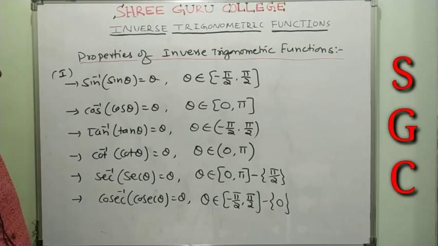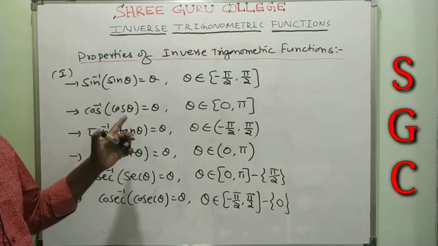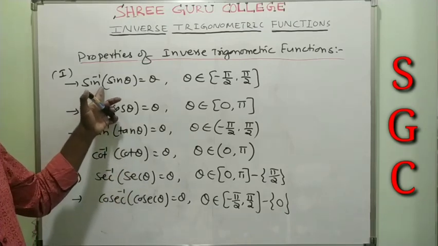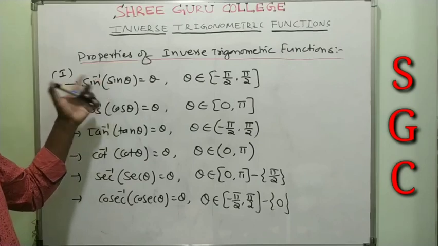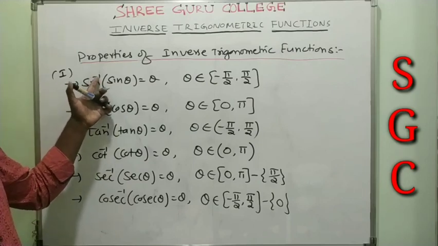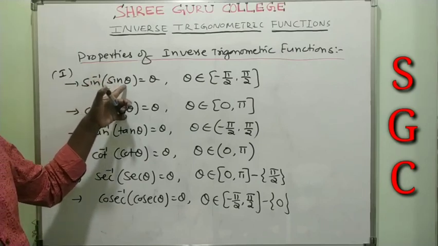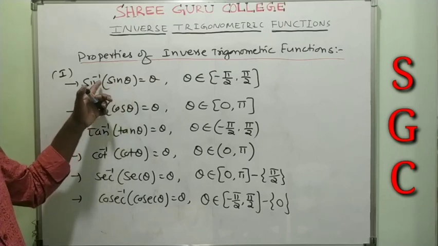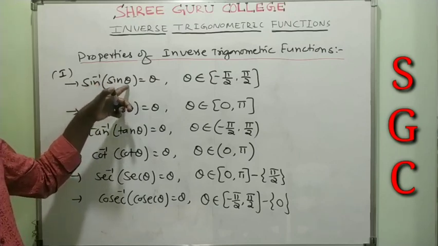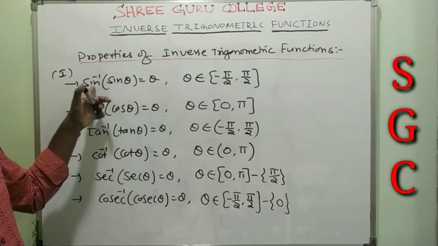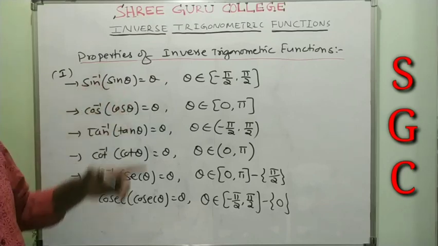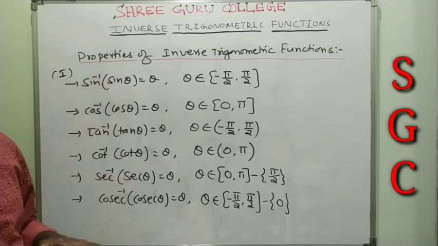So this is the type 1 property, without proof. When the inverse comes outside, it is called domain only. Sine inverse of sine theta, this theta is the range. But for sine of sine inverse of theta, theta is called the domain, that is, it lies between minus 1 to plus 1.